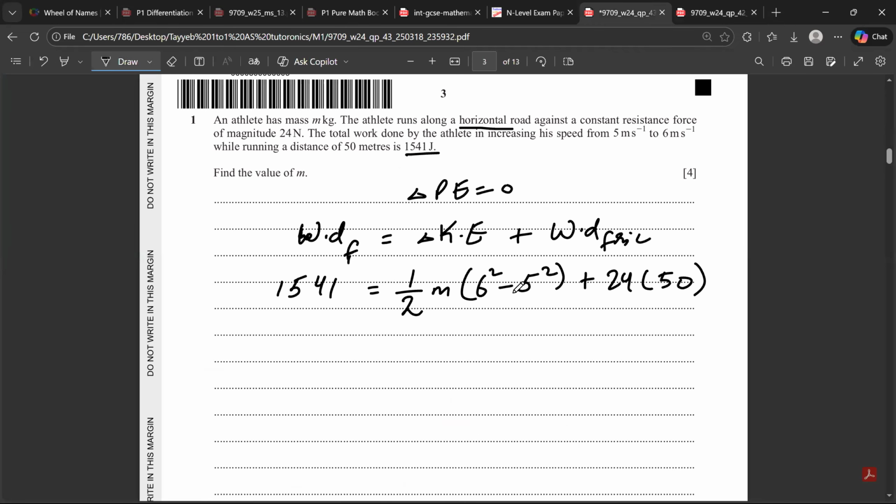Try again, Tayyab. The same equation will give you a different answer. Try again. 62. 62 is correct. So no questions. All good. Sab theek hai? Yeah. Okay.